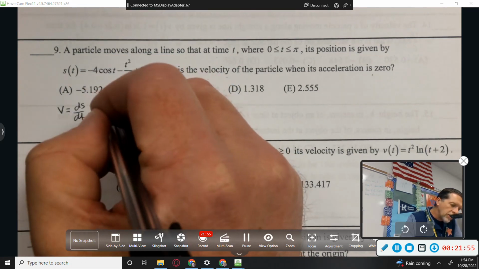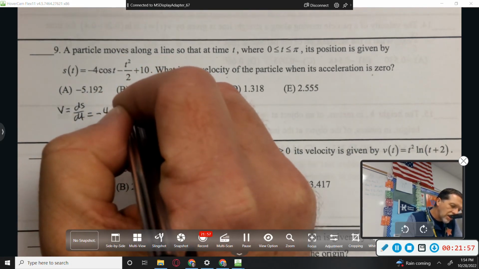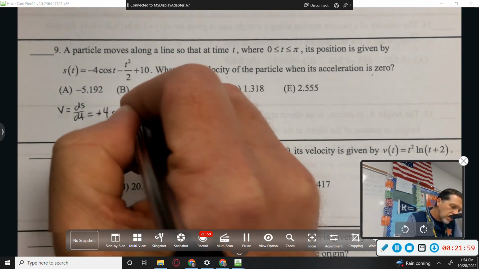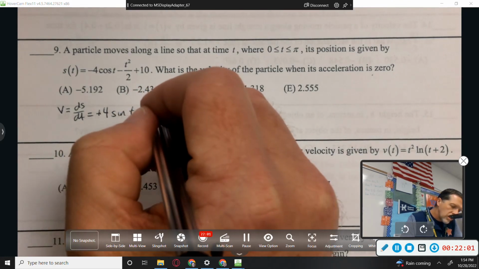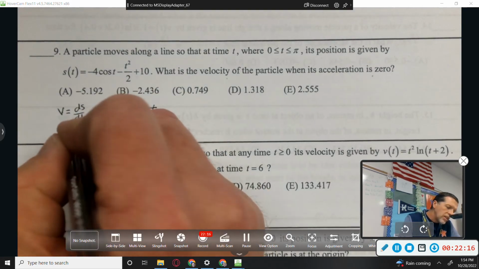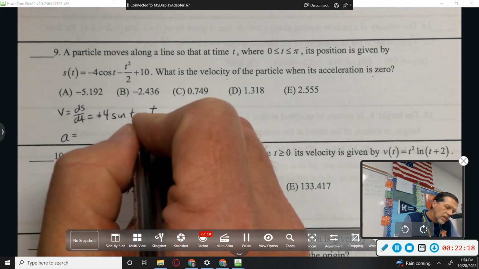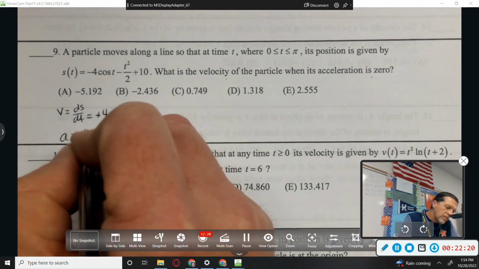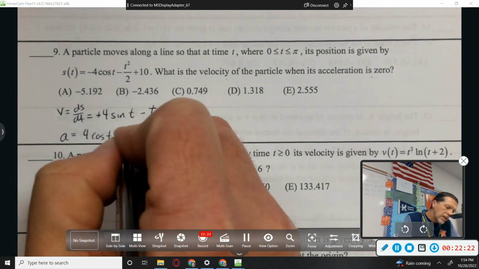The derivative of cosine is negative sine. So my first derivative is just 4 sine t minus t. I think it's quicker to do it by hand if you know the derivatives. The acceleration is the derivative of sine, which is cosine: 4 cosine t minus 1.